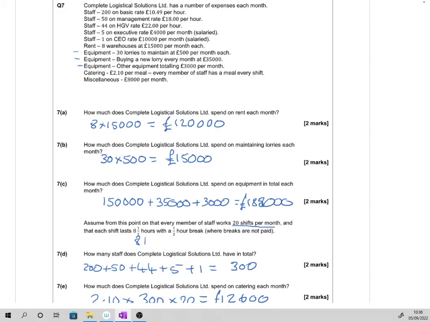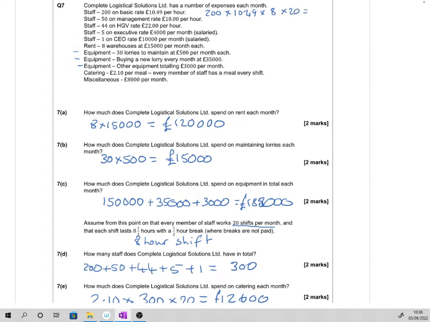So we've got £10.49, 200 of them: 200 times £10.49 times 8, that's a shift, times 20.